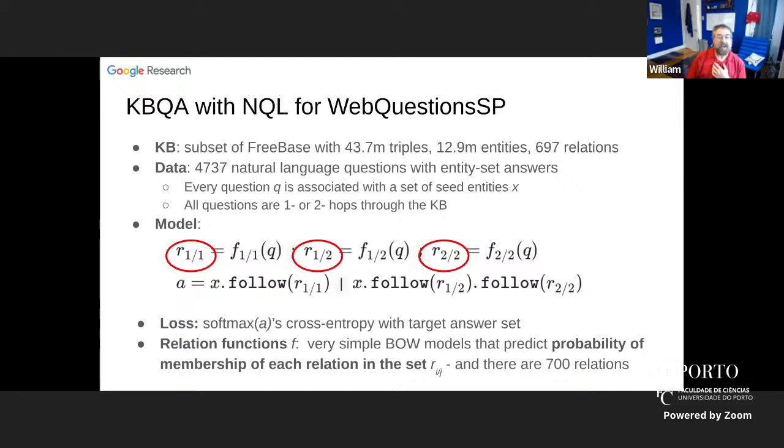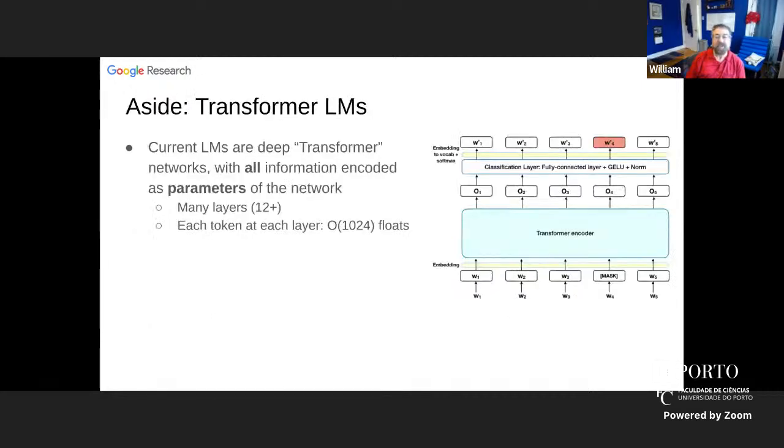Okay. But there's also a downside. The way I constructed NQL, all the logical inference was correct. But it also turned out to be very hard to predict these relation sets. These relation sets are simply a neural function that predicts a vector, so that doesn't sound like a hard thing to do.